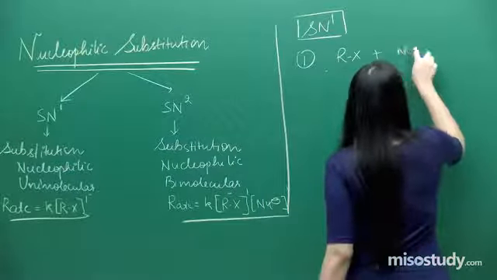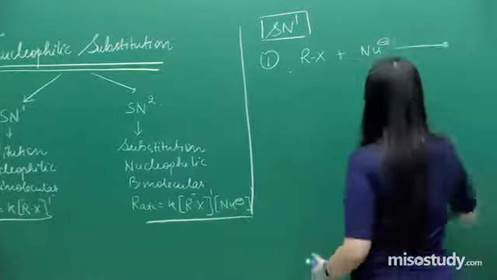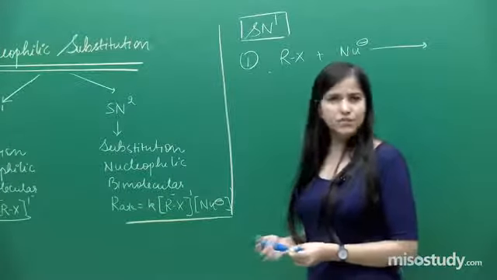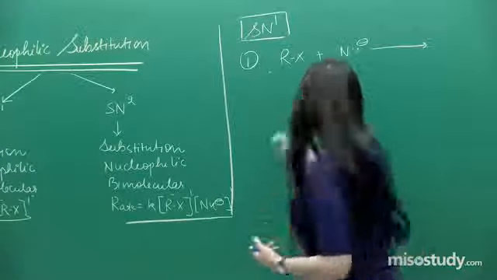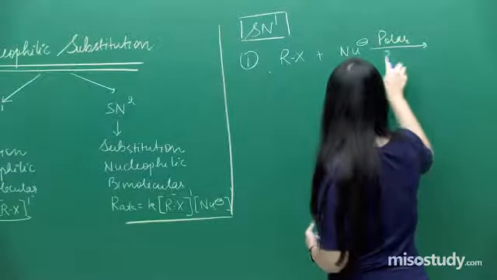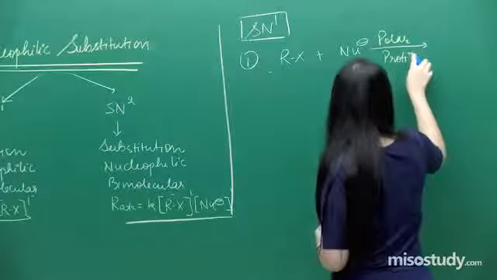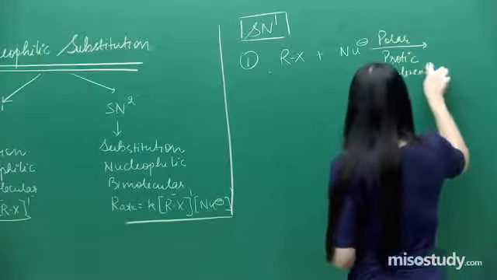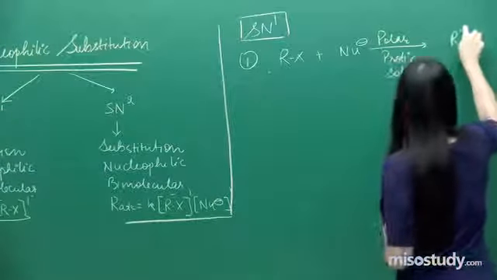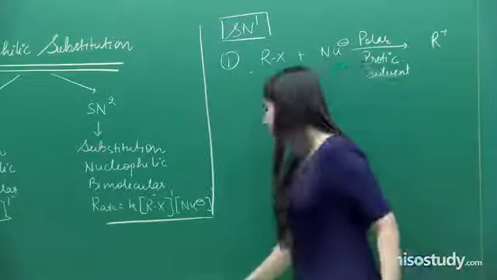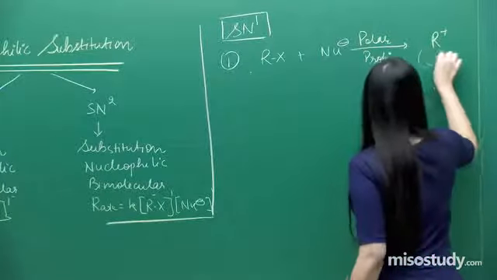I have taken up the nucleophile in the presence of polar protic solvent. Have you given a thought to what polar protic actually is? If not, I'll tell you. The first step is the formation of carbocation.